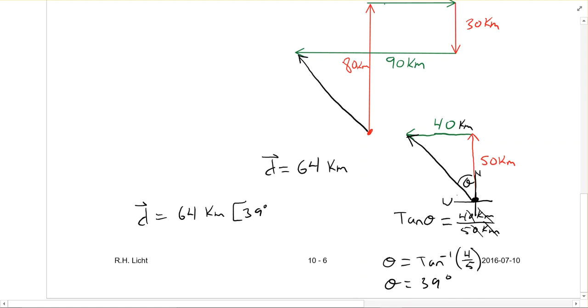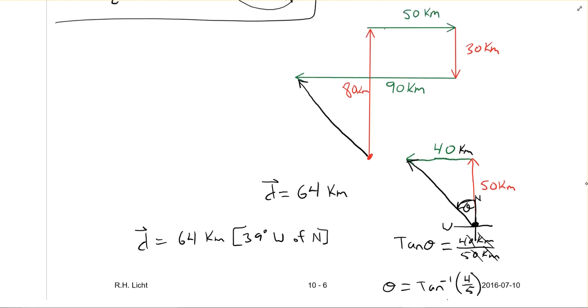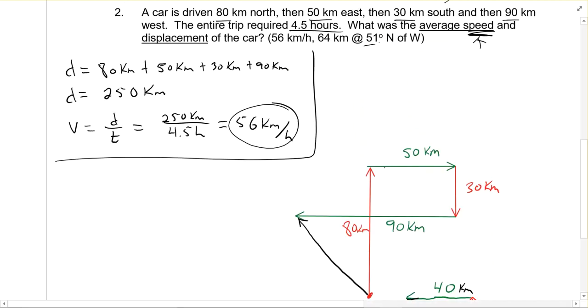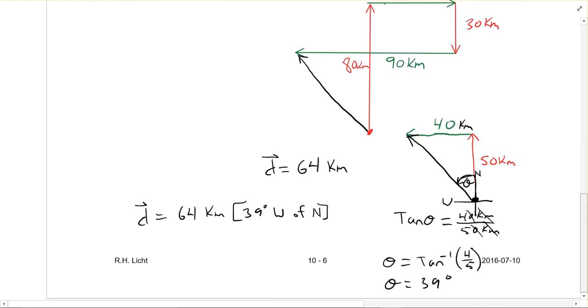This is going to be west of north. It's like it's coming from the north. So 39 degrees west of north. And again, you might look up the answer for this one, and it says 51 degrees north of west. That works too. They're both right.